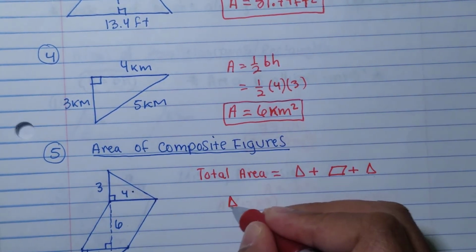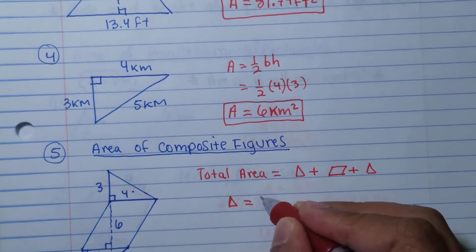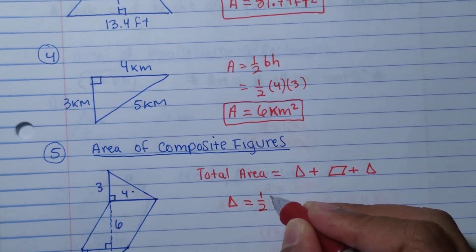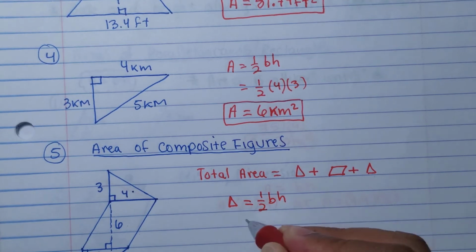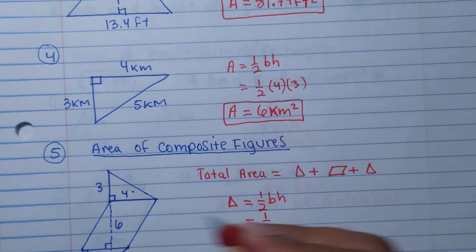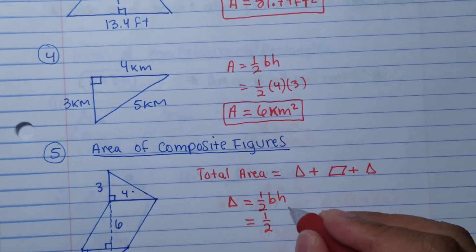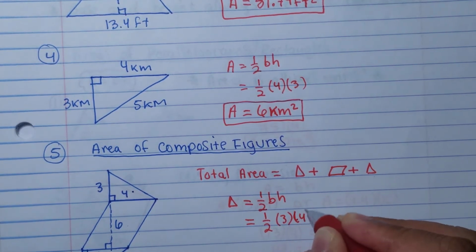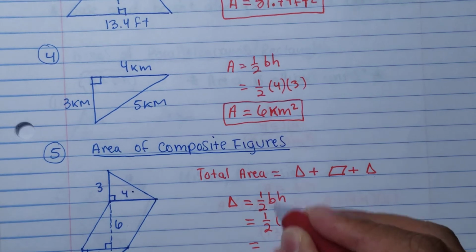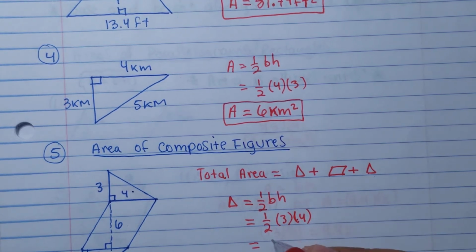So let's start by finding the area of the triangle. The area of a triangle is 1/2 the base times the height. Again, it doesn't matter which is the base and which is the height. So 3 times 4, and we just did that one in the previous example. That is 12, so this is going to be 6. So the area of the triangle is 6. Now let's find the area of the parallelogram.